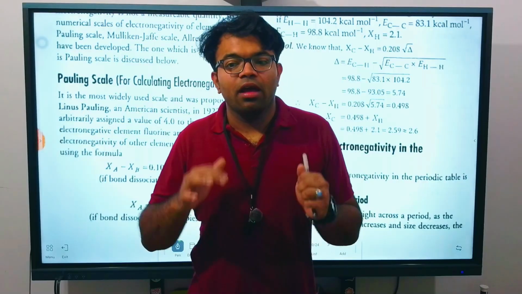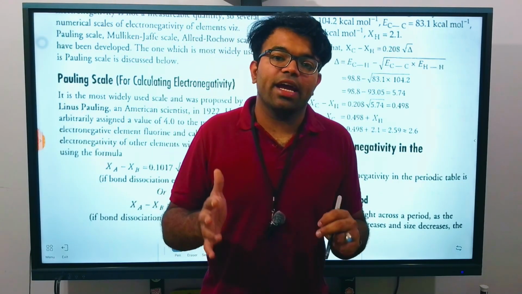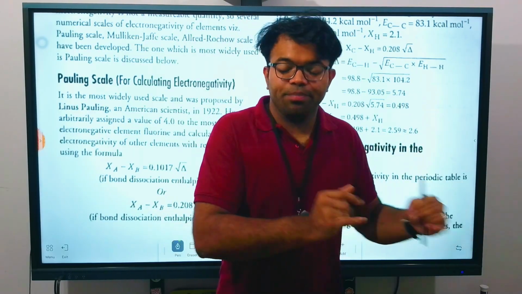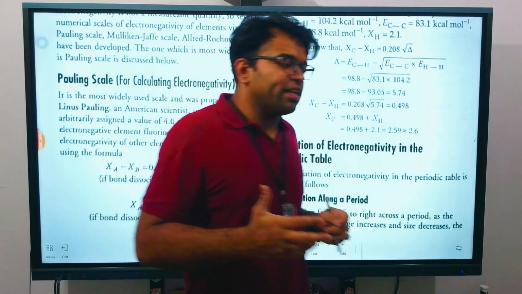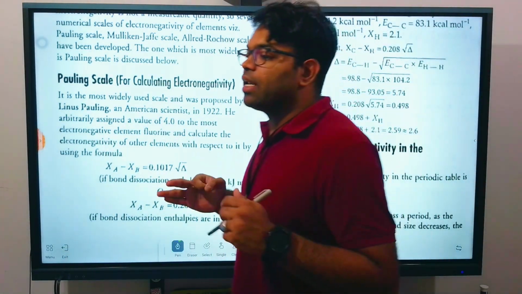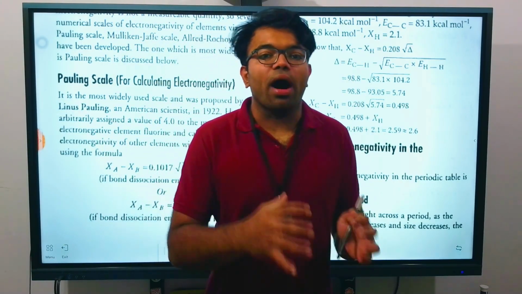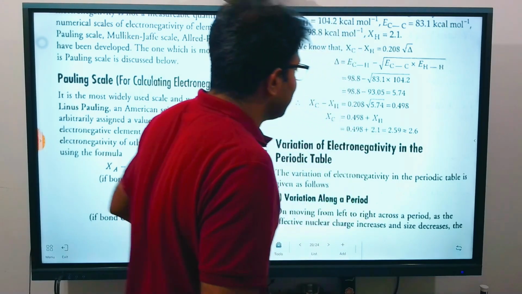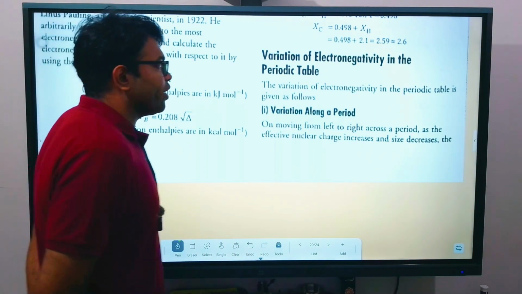For example, chlorine's electronegativity might change when it is in contact with hydrogen, with sodium, or with calcium. So basically electronegativity is a relative term, and the relation is usually done with the partner atom to which the element is attached. So let's see how electronegativity varies in the periodic table.